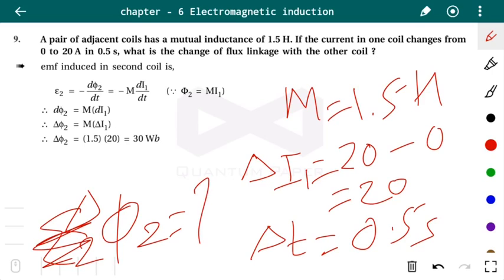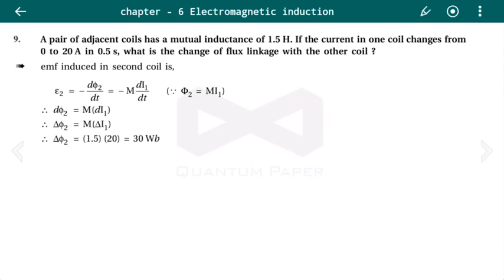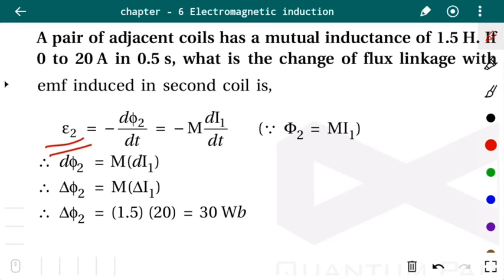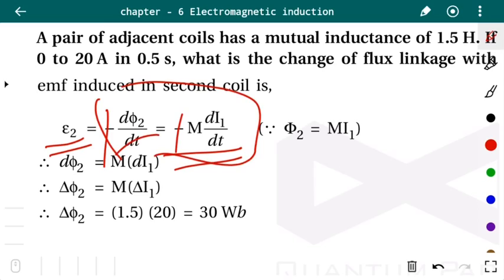So from the equation of the induced EMF we get epsilon 2 equals minus d phi 2 upon dt, which equals minus M di1 by dt, because here epsilon 2, that is the induced EMF, we can write as minus M di1 by dt. So when you compare these two equations, minus minus gets cancelled and dt gets cancelled.